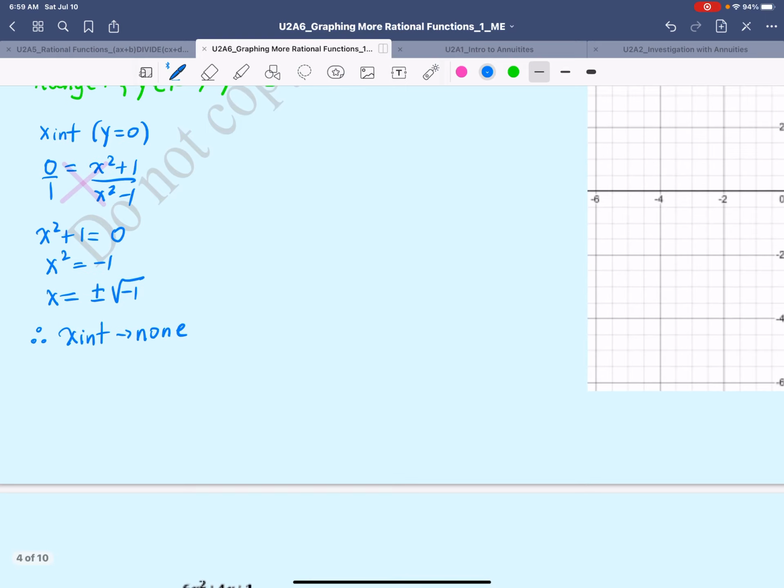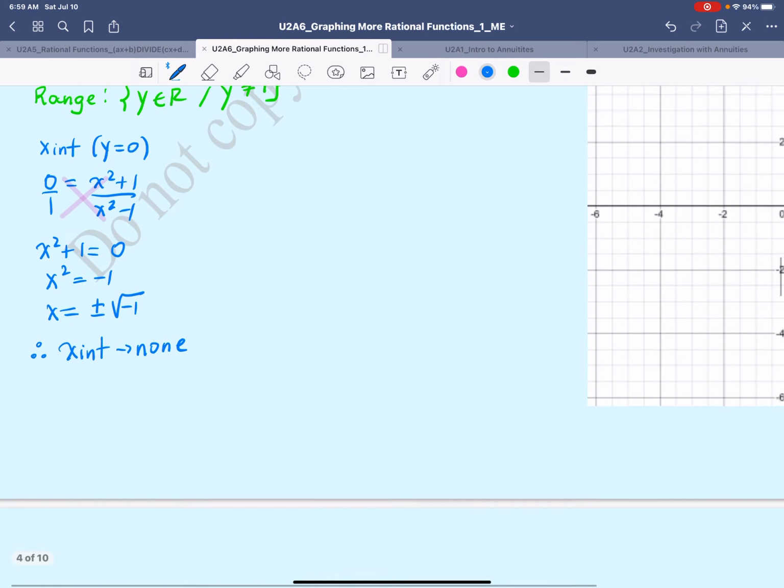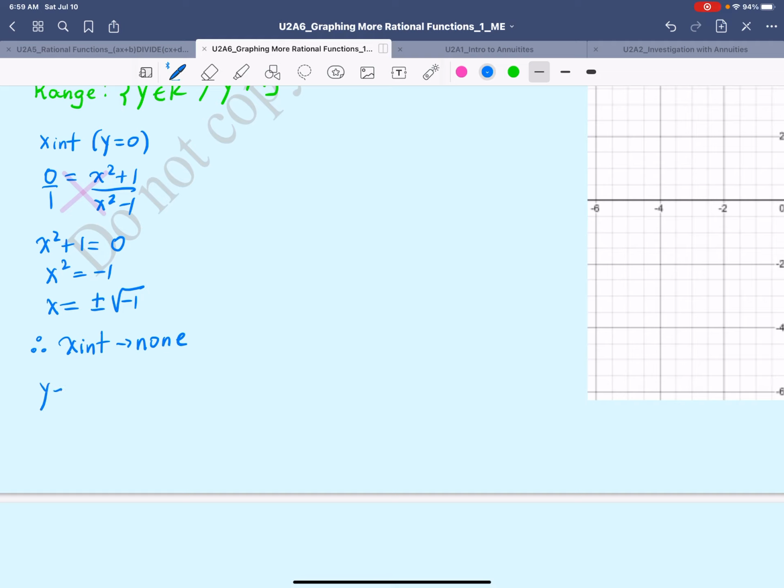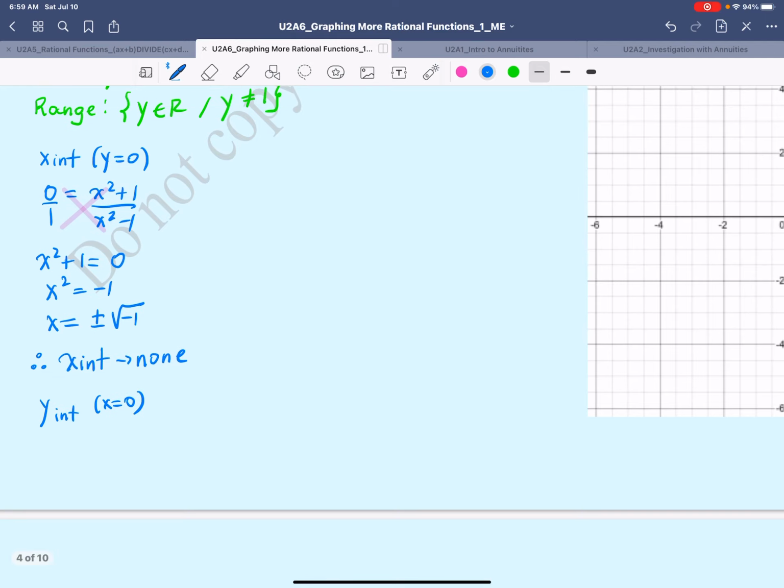To determine the y-intercept, we are setting x equal to 0. And remember that we've explained that before. For the y-intercept, we're going to have the ratio of the constant terms. But if we don't want to remember too many things, then here we go.